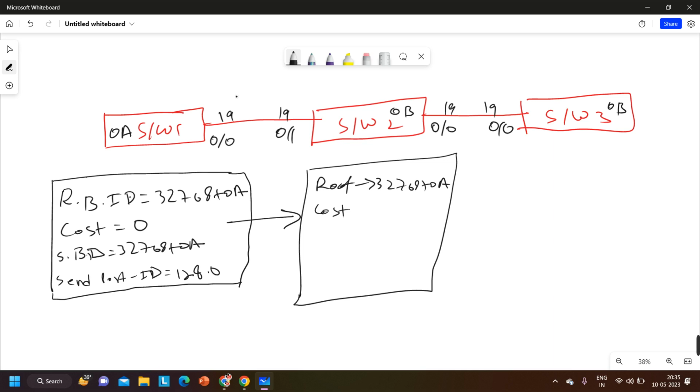After that, the cost. What will the cost be over here, guys? 19. The cost will always be added on the receiving interface. So switch 2 is receiving this BPDU on this port, so it will add the cost of this port over here. After that, the sender bridge ID. So what will the sender bridge ID be?